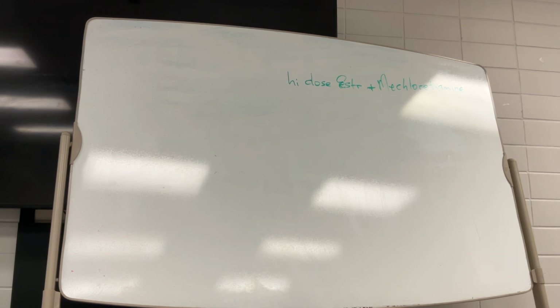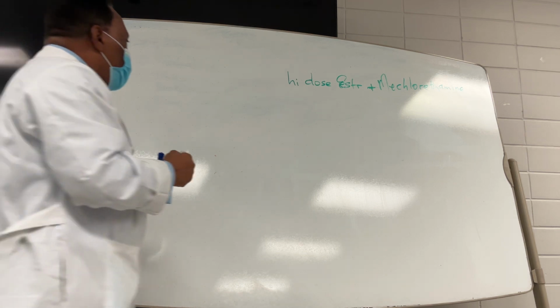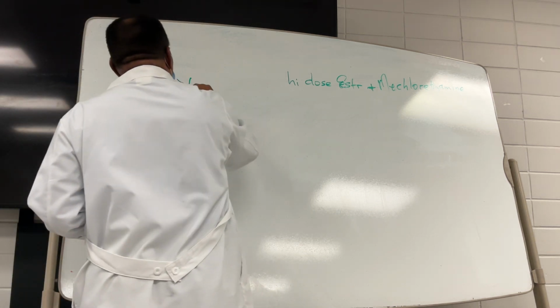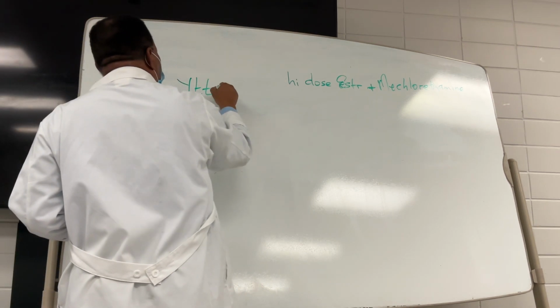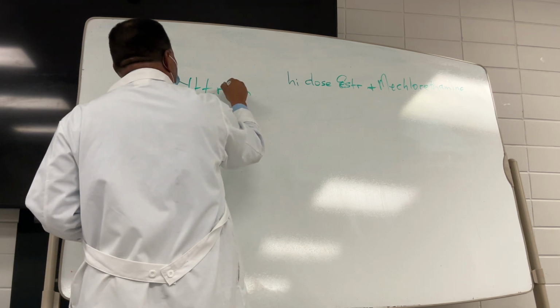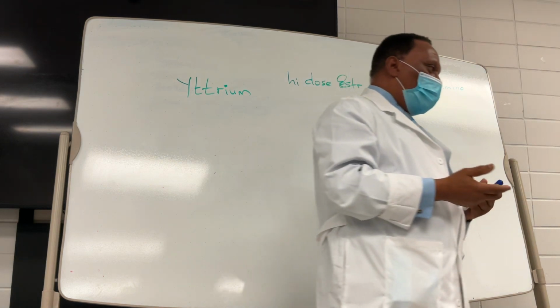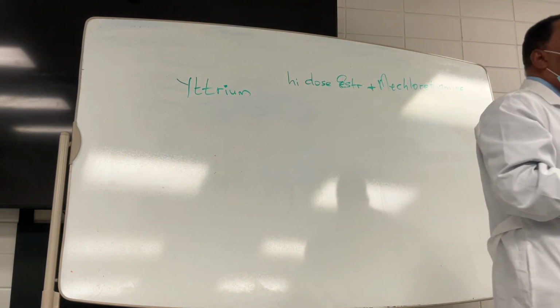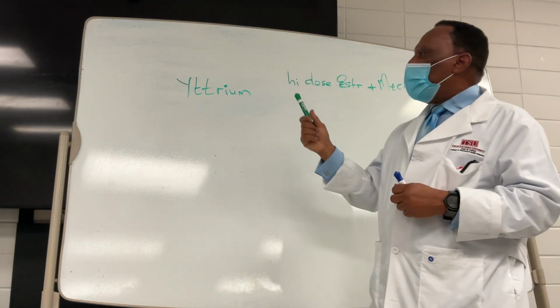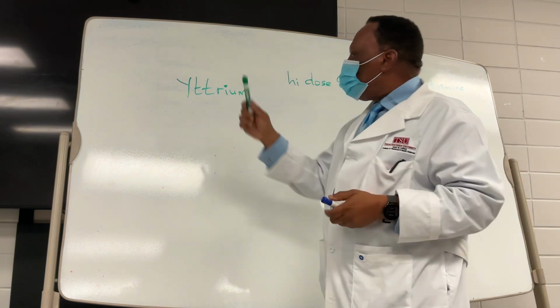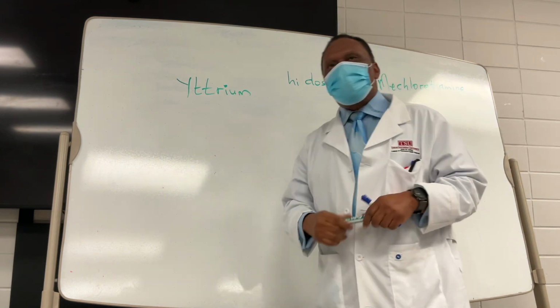Oncorad. Oncorad is a combination of a monoclonal antibody with your yttrium. Yttrium, of course, is a radioisotope, yttrium-90. So it's a combination of that monoclonal antibody and yttrium.